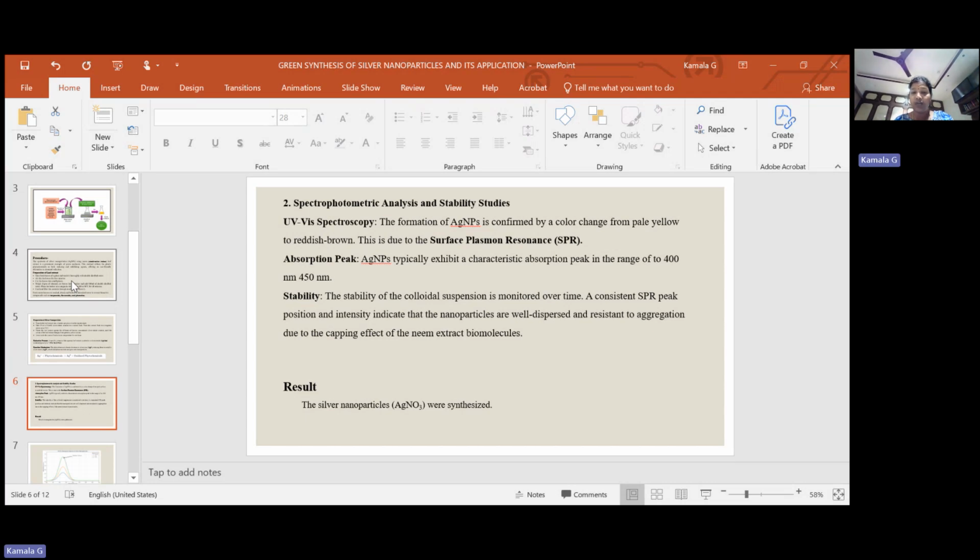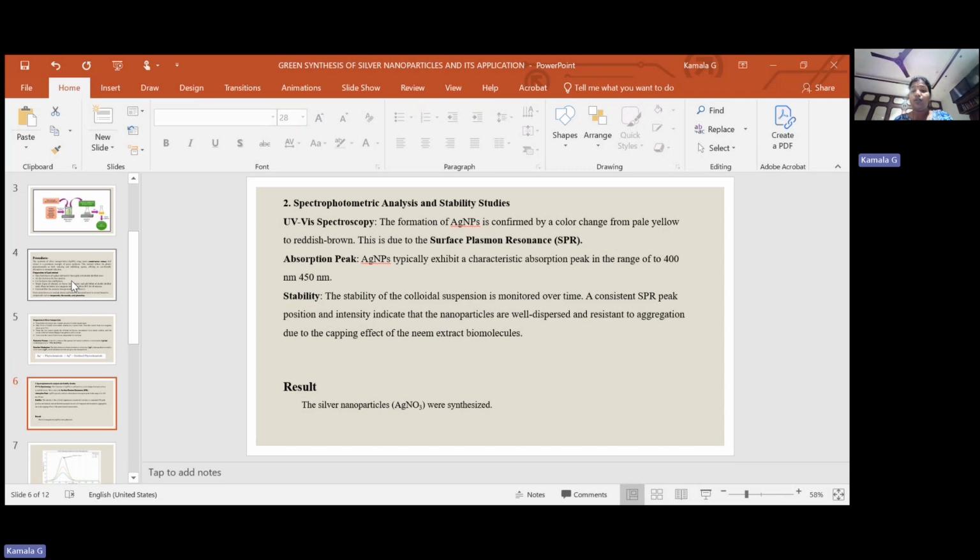Once the color changes from pale yellow to reddish brown, we can declare that silver nanoparticles are formed. How are these nanoparticles formed? Due to surface plasmon resonance, SPR.